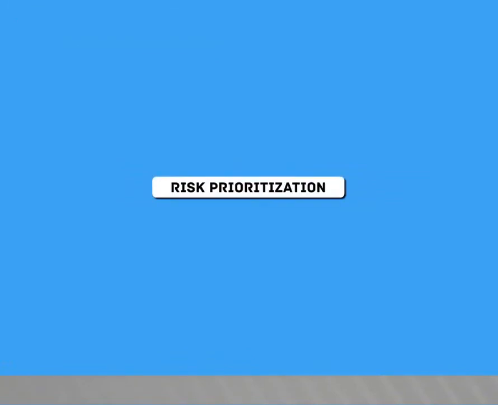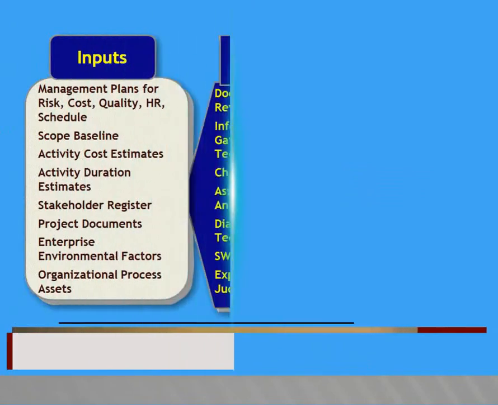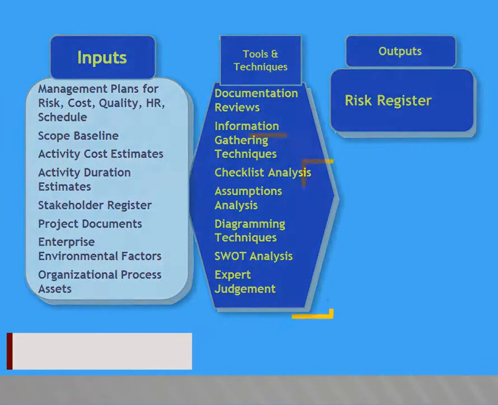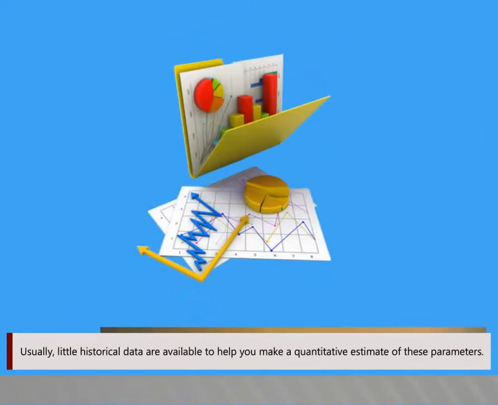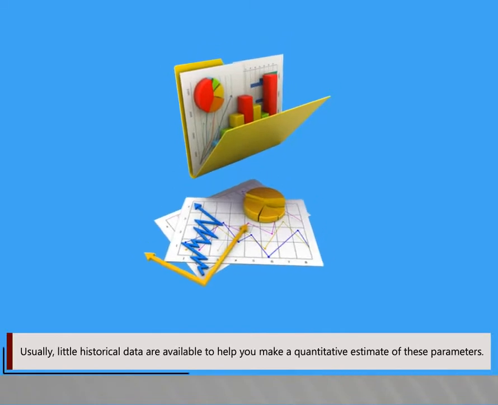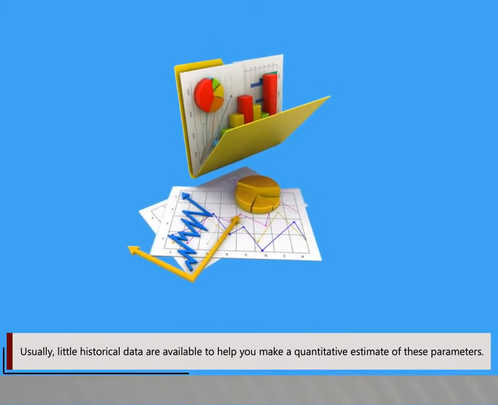Risk prioritization. The identified risks for a project merely give the possible events that can hinder it from meeting its goals. Usually, little historical data are available to help you make a quantitative estimate of these parameters.